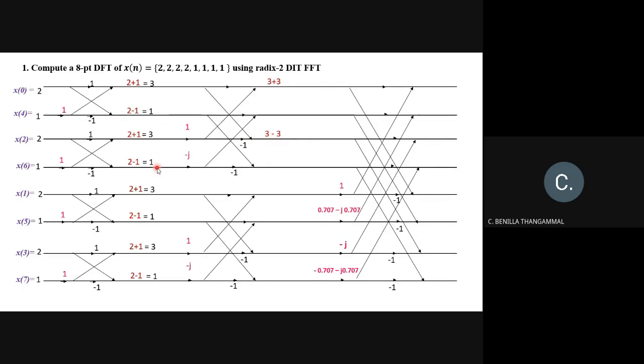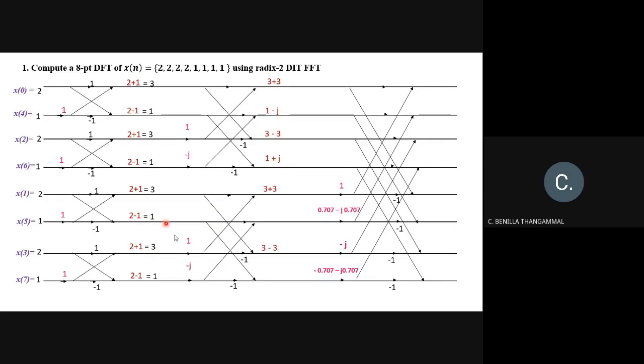So 1 and 1 along with the twiddle factor minus j. 1 into 1 is going to be 1, 1 into minus j is going to be minus j. So it's going to be 1 minus j. If this is 1 minus j, the value of its pair will be 1 plus j. As simple as that. Here also in the second 4 point, this 1 and this 3 form a combination, so 3 plus 3, 3 minus 3.